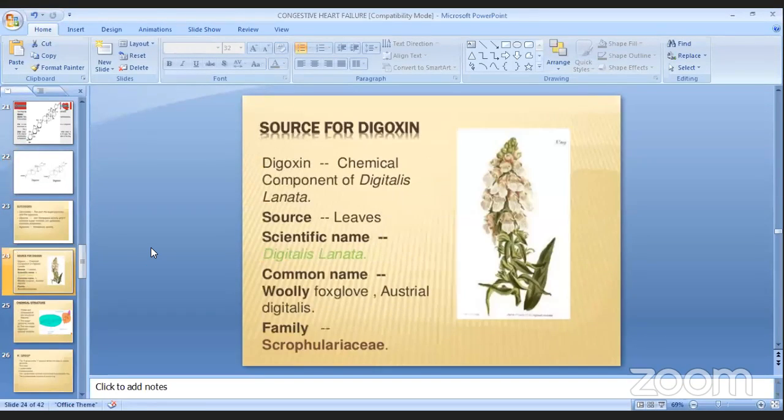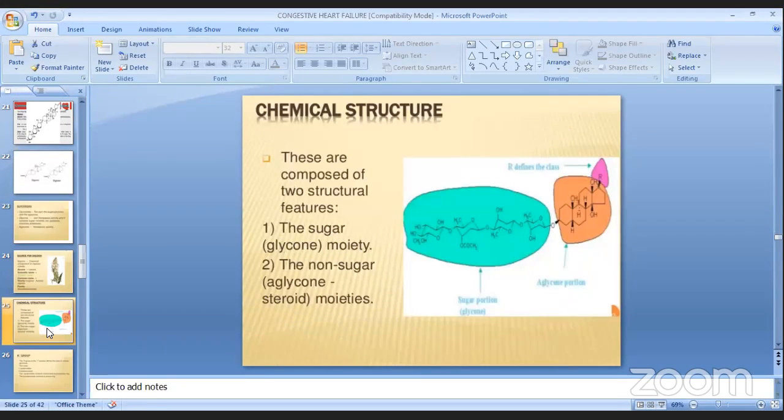Next, showing the source of digitalis, as you have learned in pharmacognosy class, it is basically a leaf, and the source is Digitalis lanata. The common name is foxglove, and the family is Scrophulariaceae. It is the chemical structure.